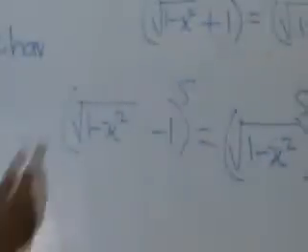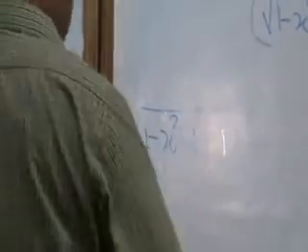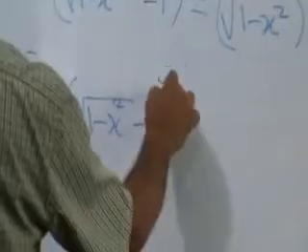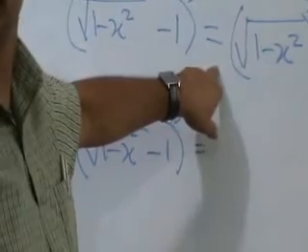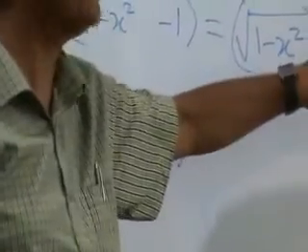Correct? Yes. Then what is the required term? Root 1 minus x square plus 1 whole to the power 5 minus root 1 minus x square minus 1 whole to the power 5 is equal to what? So this minus this vanishes. And this minus this means this becomes plus.